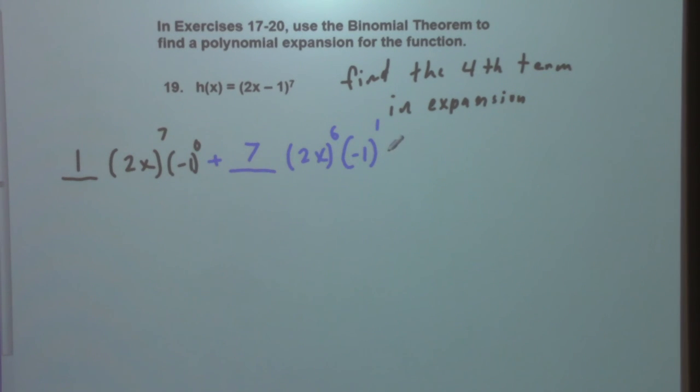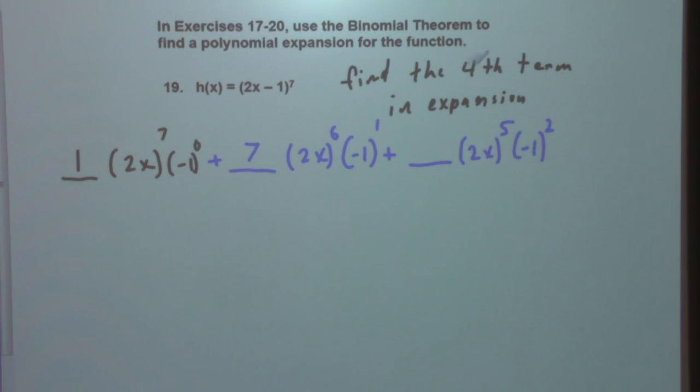We could calculate these out and simplify to get the first and second terms. For the third term, we have some number that we find, which is the NCR number, and 2x to the 5th and negative 1 to the second power, and we would simplify and have our answer.